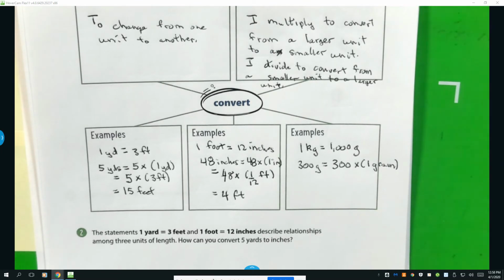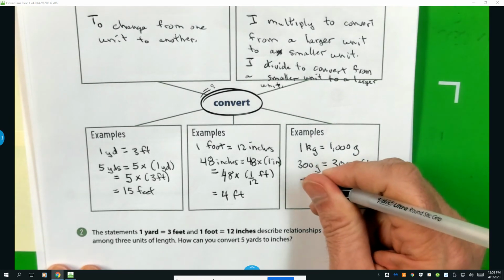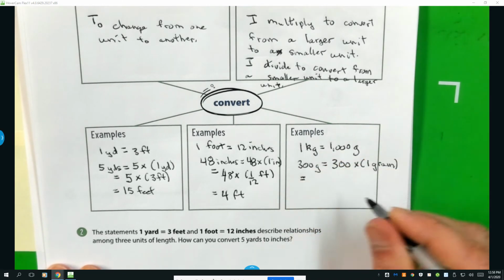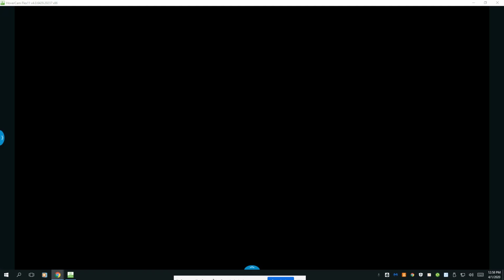Now, what is 1 gram? Okay, so that's going to be the same as saying 300. There goes those lights again.